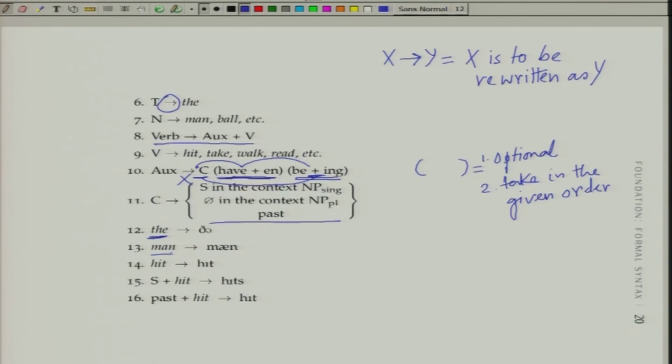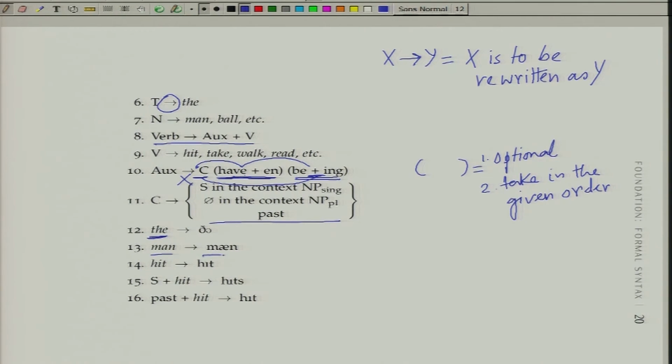That physical pronunciation is something we can hear, but we do not hear the word man. So this is one very important thing. Words are abstract things, but their realizations, their pronunciations are different.